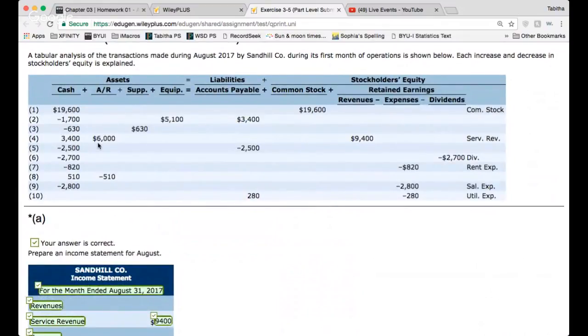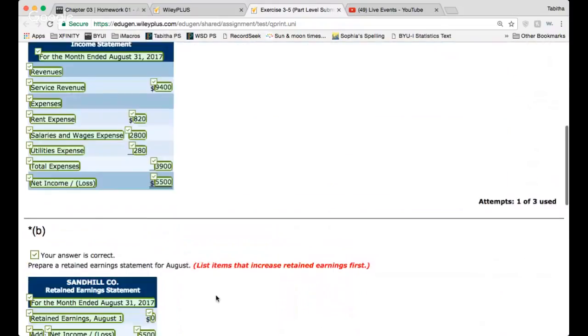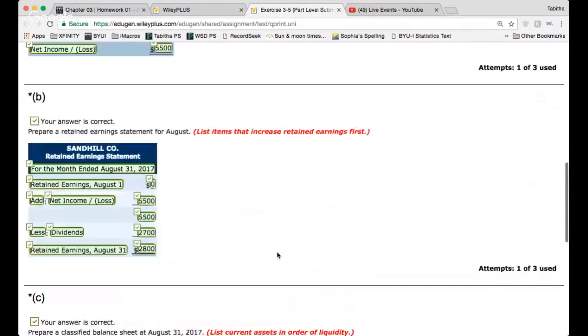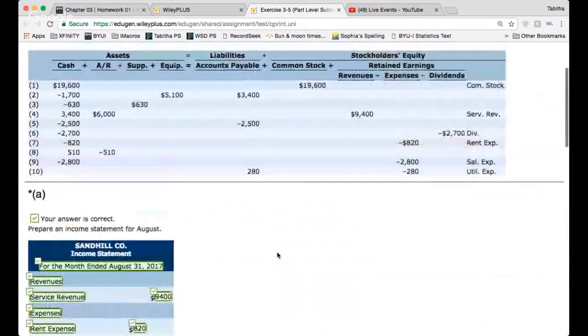Now you'll need to deduct 510 from 6,000, and that's how we get a total of 5,490. And we have to do the same thing with our cash.